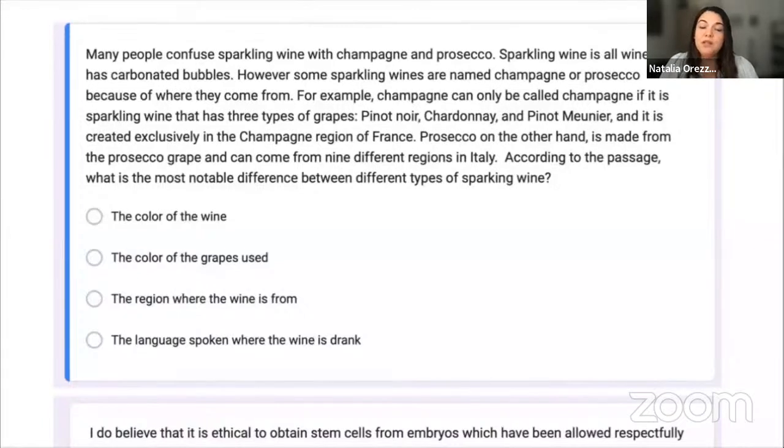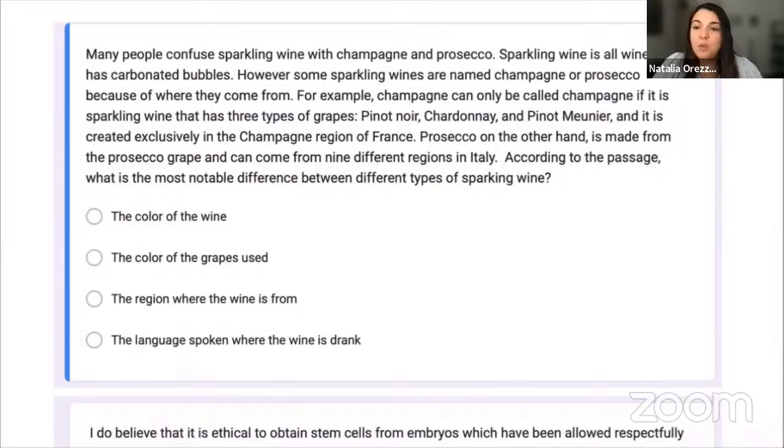When you do these reading questions, do you read the question first or do you read the paragraph first? What do you guys think? Okay, we got some questions first, we got some paragraphs first.